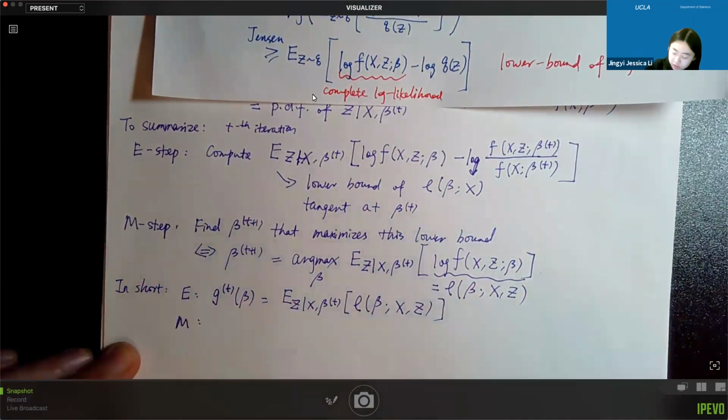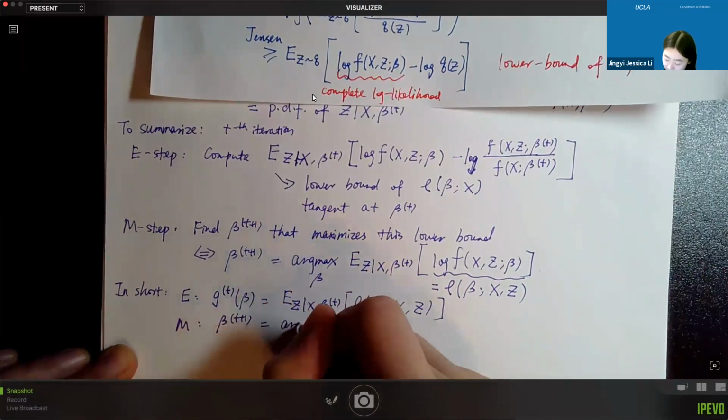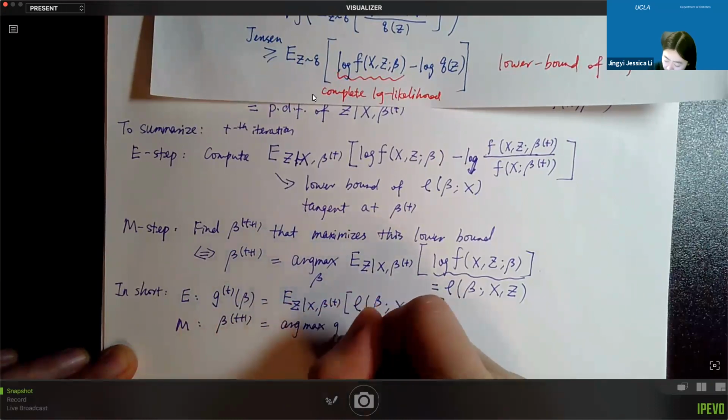And in the M step, we just update beta t plus 1 by maximizing this function G t.